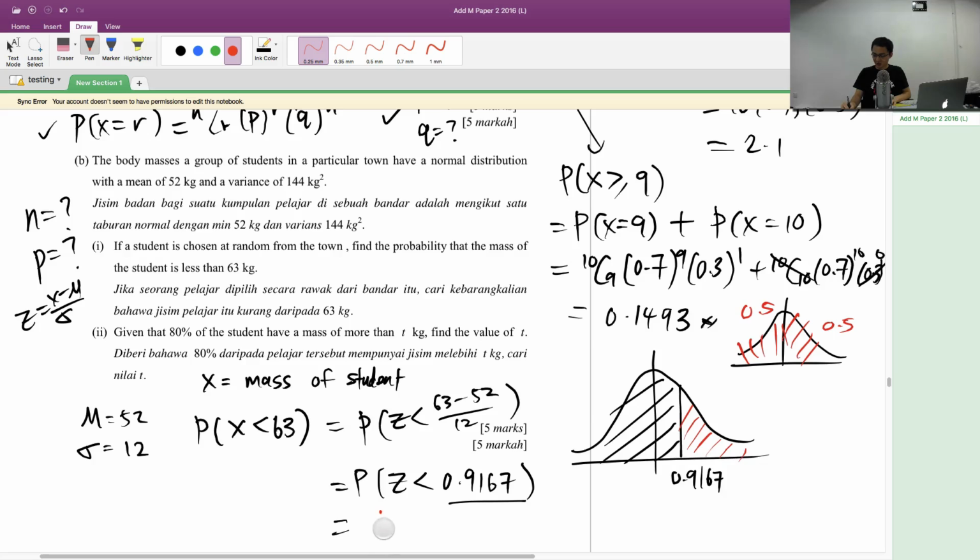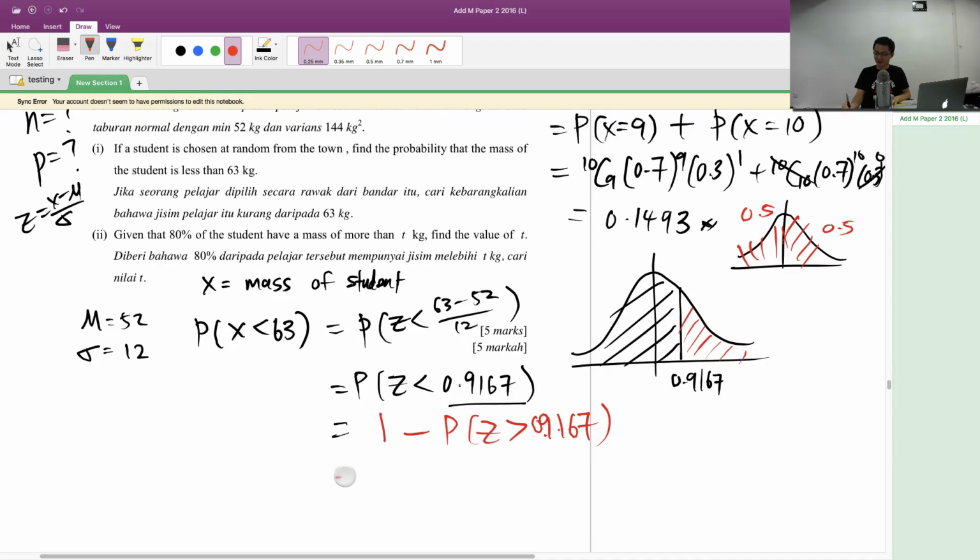So this equals 1 minus the probability for z bigger than 0.9167. Then you can get the area. I cannot get 0.9167 exactly from the table, so I get 0.917.